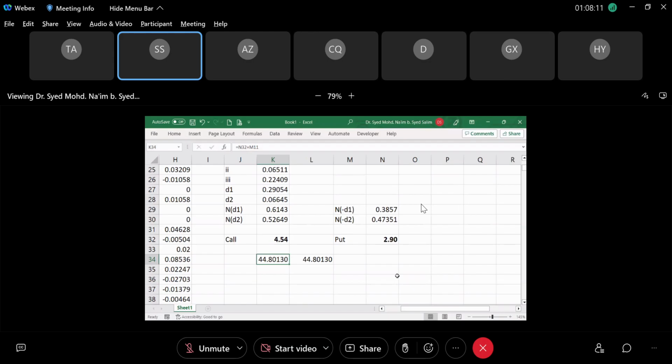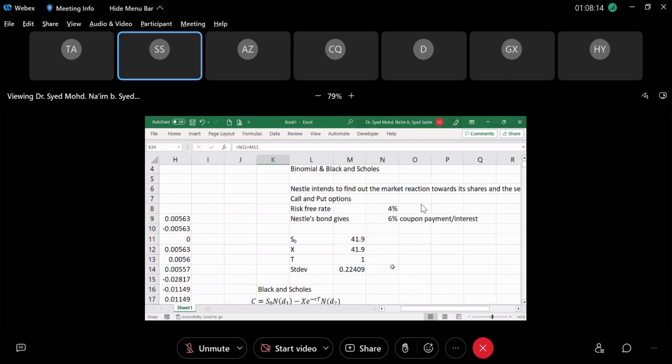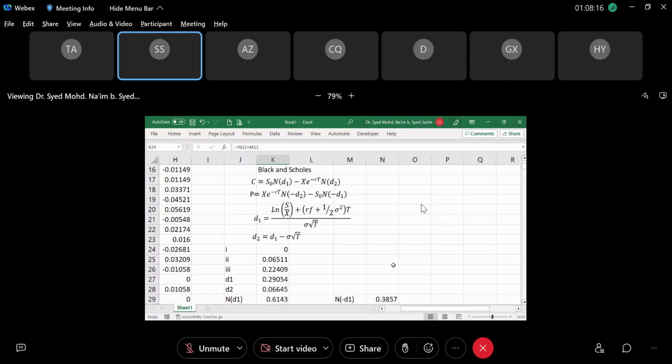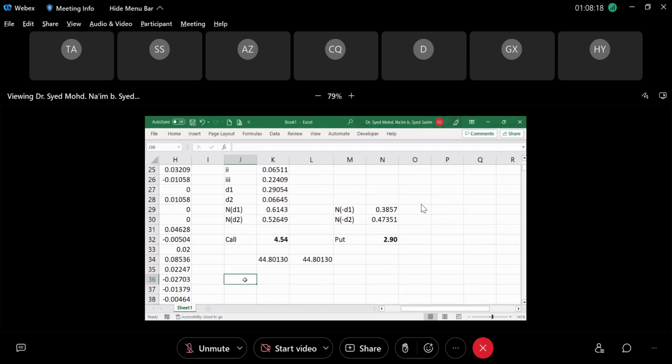That was the first model. The second model we're going to use is the binomial, which gives the possibility of going up and going down.